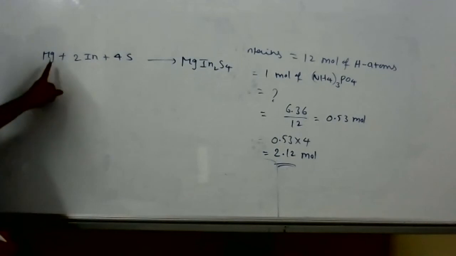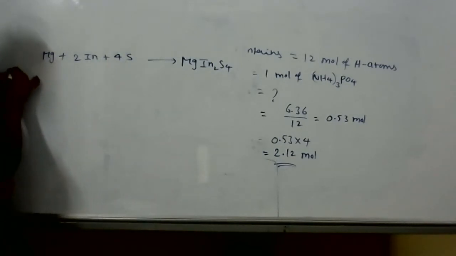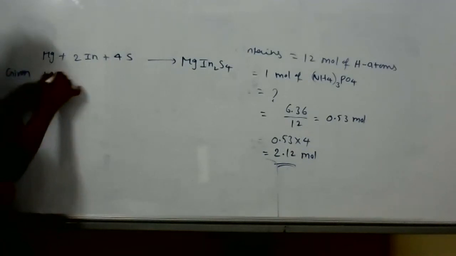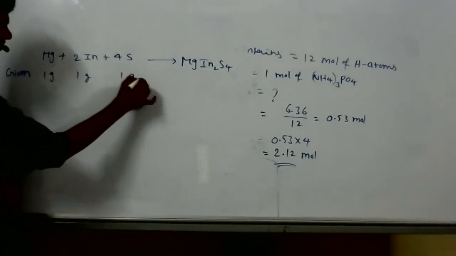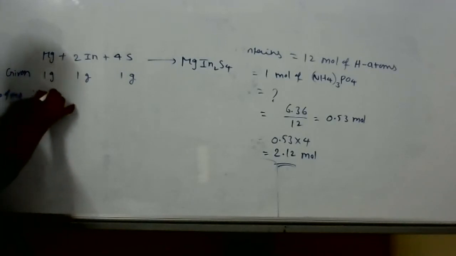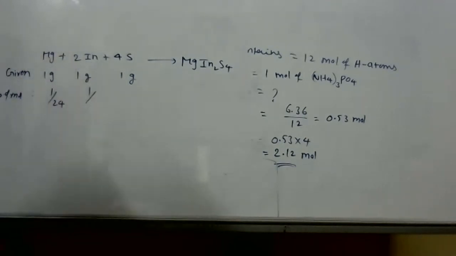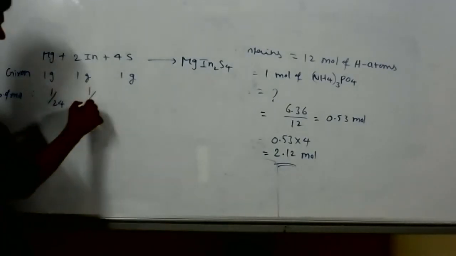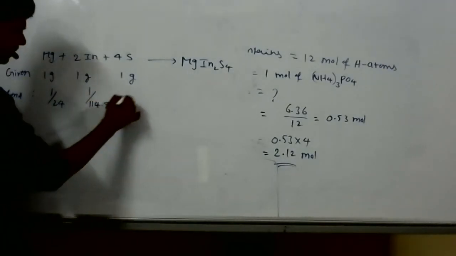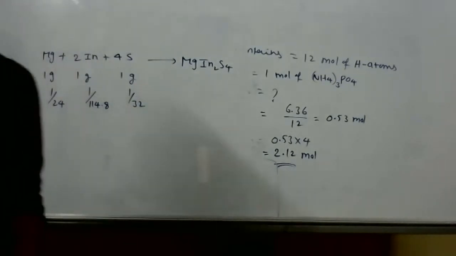But here each one is given only 1 gram. Now calculate the number of moles. 1 divided by 24 for magnesium, 1 divided by the indium molar mass 114.8, and 1 divided by 32 for sulfur. So which is the limiting reagent?